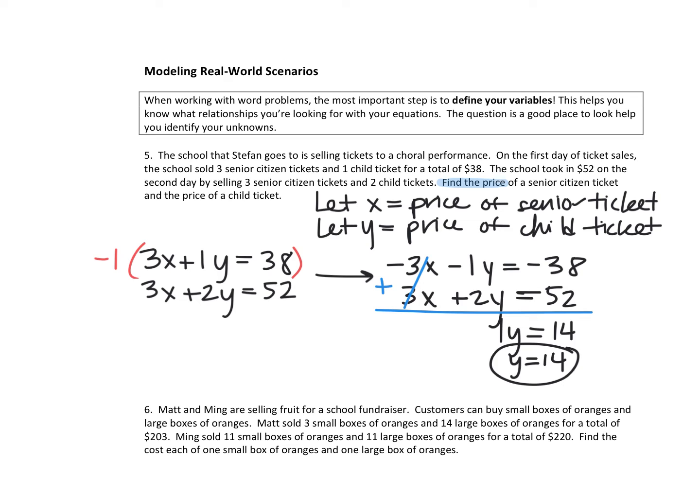You have to plug back in and find your other number because it's a system. So choose one of your equations. I'll just choose the one that's right here. Where am I going to put the 14? In the y spot. So 3x plus 2 times 14 equals 52.